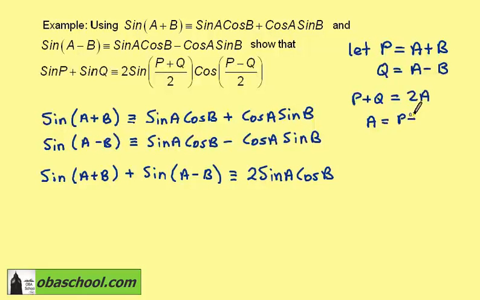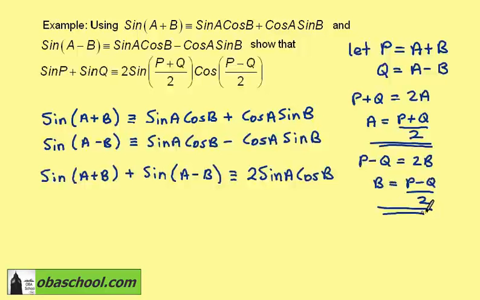Therefore A is P plus Q divided by 2. If we subtract the two equations, on the left we get P minus Q, A minus A disappears, and B minus minus B becomes 2B. B then is P minus Q divided by 2.